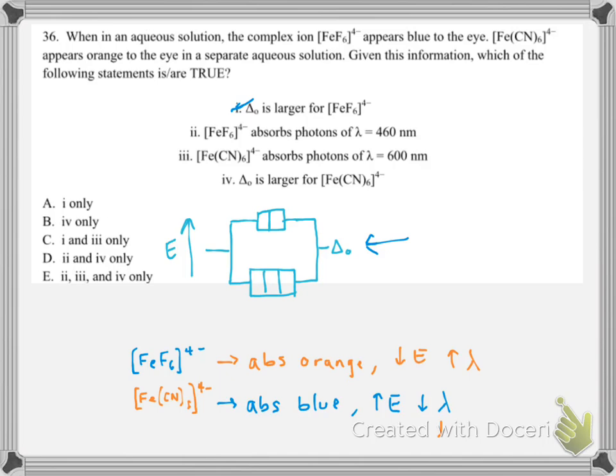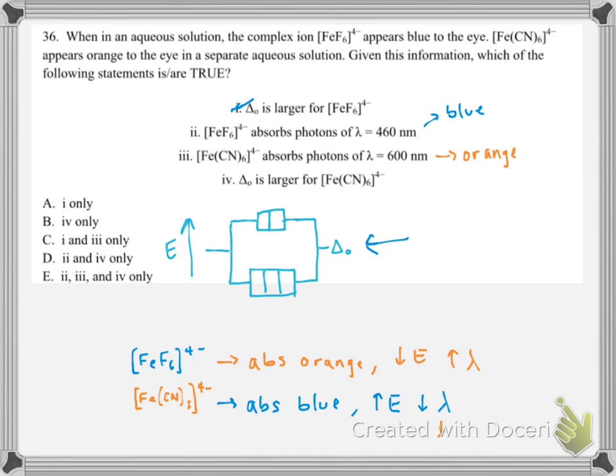Okay, for 2, it says FeF6 4- absorbs photons about 460 nanometers. And so if you look on the color wheel where it says the colors and the wavelengths, this is actually a blue wavelength. And the 600 nanometers below is orange. Okay.